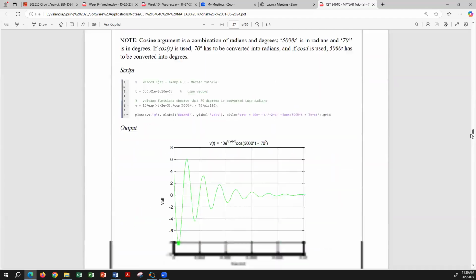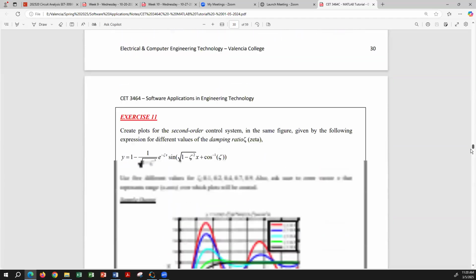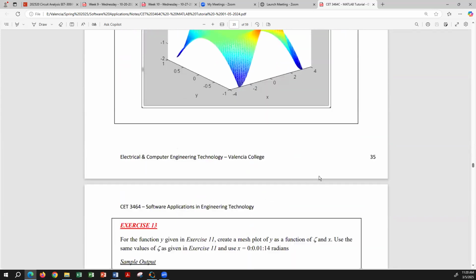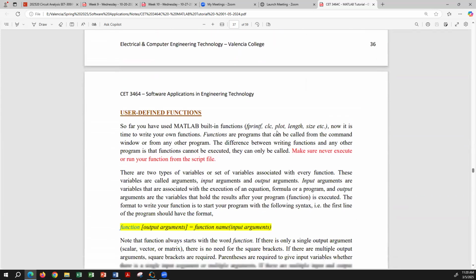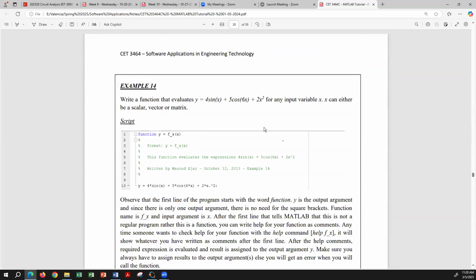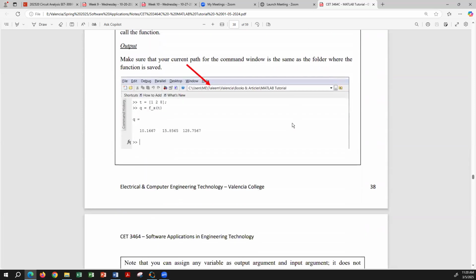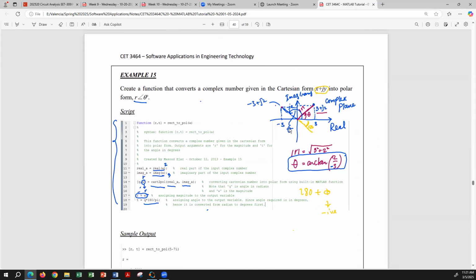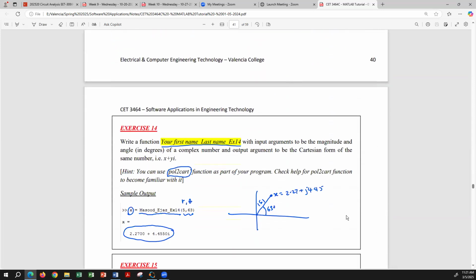So you were creating functions. User-defined functions. Oh, okay, I notated that. That is exercise 14, I think. Yeah, exercise 14.